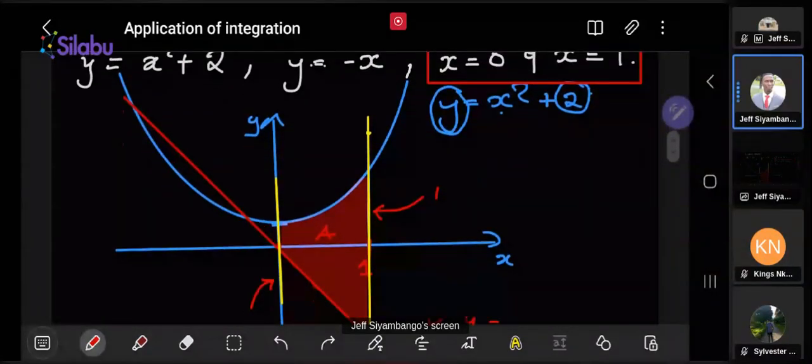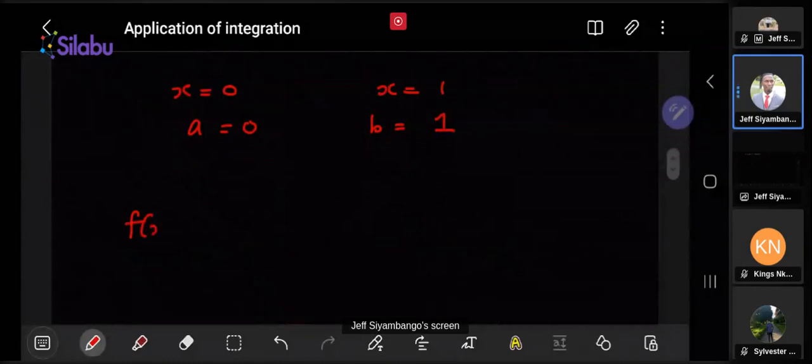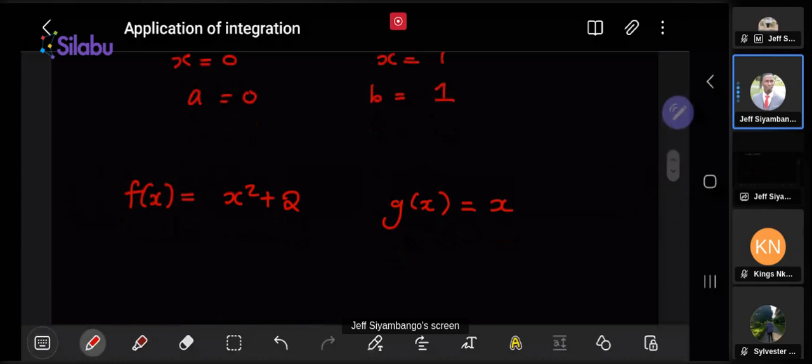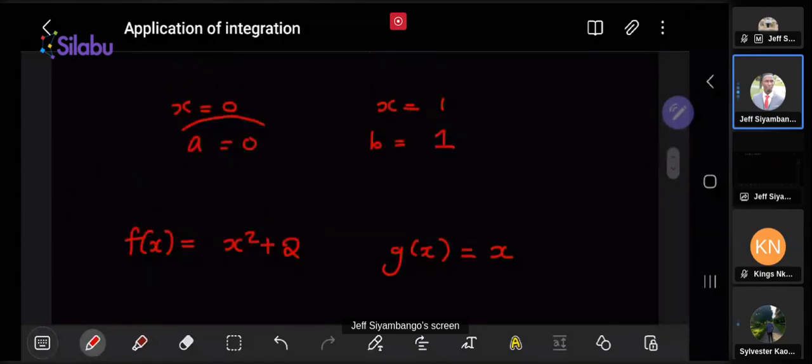We can say f of x is equal to x squared plus 2, and the other one becomes our g of x. It's not necessary that you do this, but I'm just trying to use that same formula we wrote earlier on. So we have g of x and f of x.